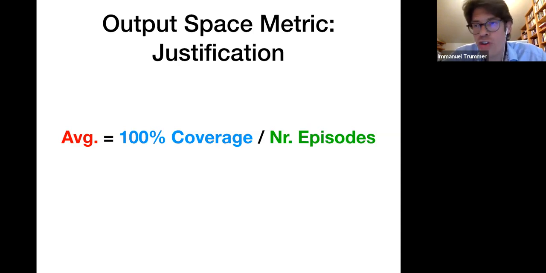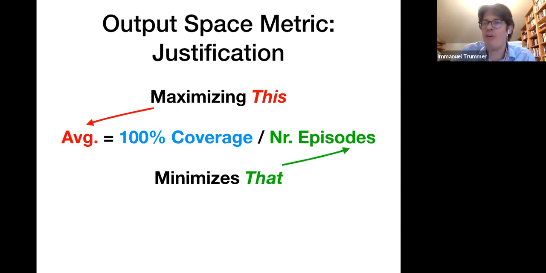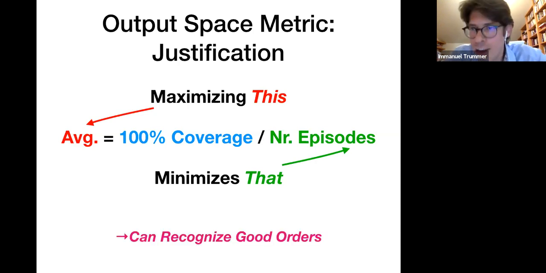Since all join orders need to cover 100% of the space of potential outputs, I can calculate the average rate at which a join order covers the space of potential outputs. And I know that by maximizing this average, I'm at the same time minimizing the number of episodes that this join order needs for execution. Because of that, this is also a metric that I can use in order to identify good join orders on average.